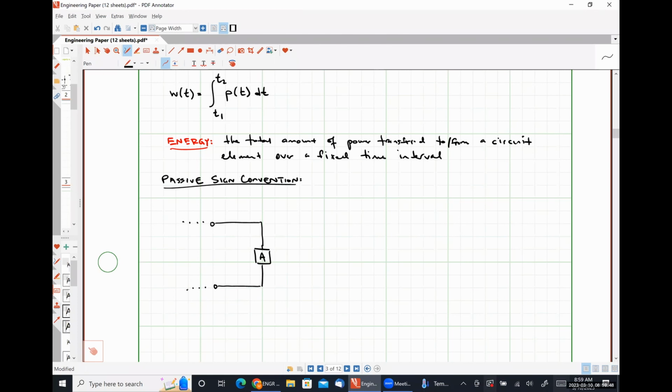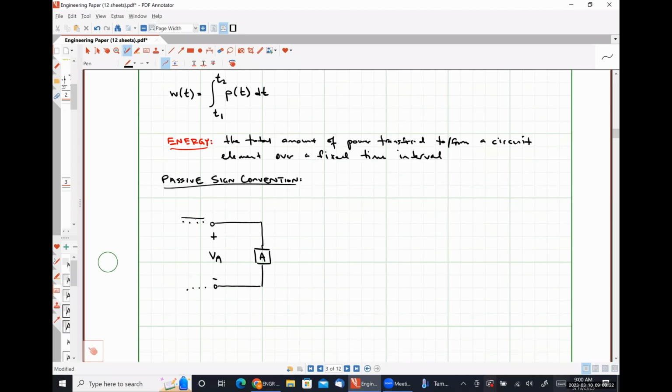So I just have a circuit element connected to other things. Let's say that we can measure a voltage drop across this circuit element, VA, positive polarity on top, negative polarity on bottom. We are making no assumptions whatsoever about what the sign of this voltage VA is. We are simply measuring it with positive polarity reference on top, negative polarity reference on bottom.